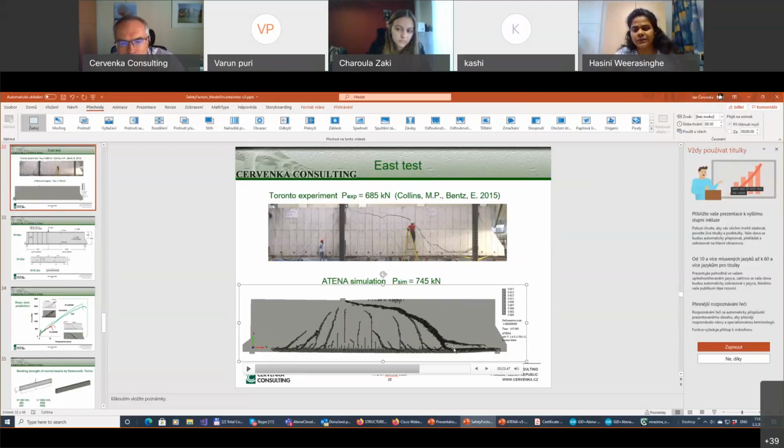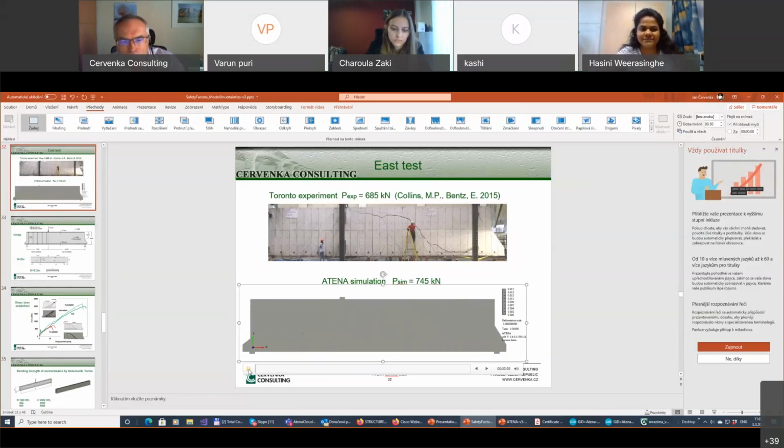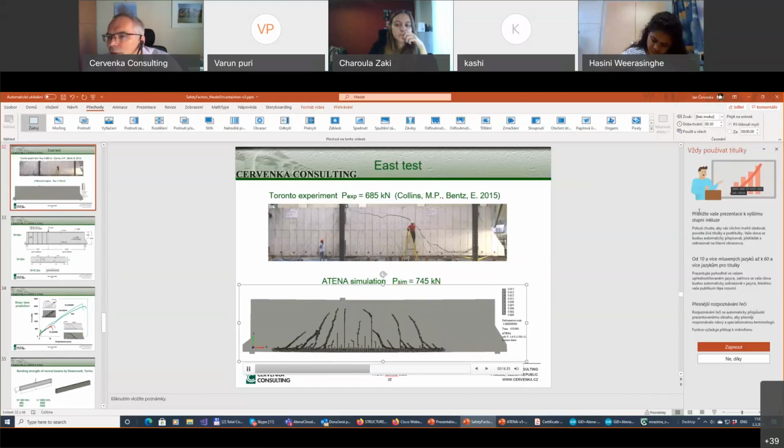Yeah, because some other finite element analyses are not capable of capturing that delamination crack. That's why I asked the question. Thank you. Okay. Yes, with ATENA we can do that, but as I said, you need a relatively fine mesh to be able to capture that. Okay, there are other questions.